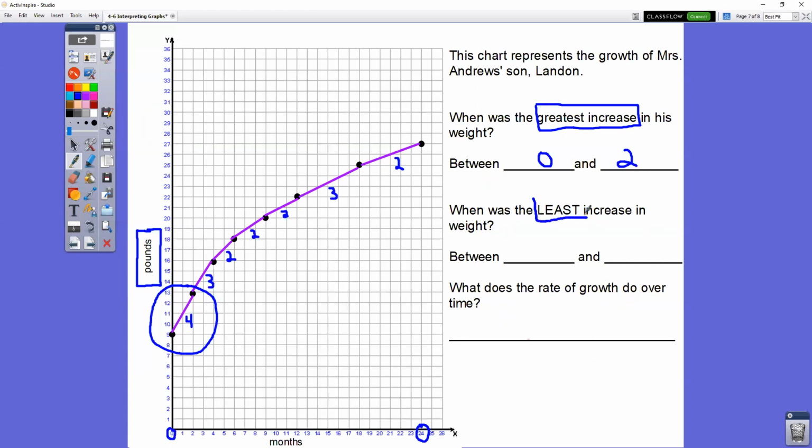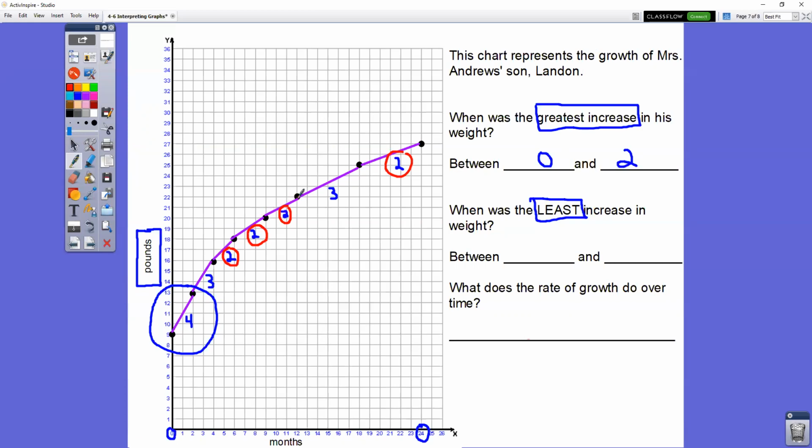When was the least increase in his weight? Now, you have to be careful on this one. Yes, there is a 2 here, a 2 here, a 2 here, and a 2 here, but they are not all the same. If they're asking you when was the least increase in his weight, notice that this is a 2-pound increase over 2 months. This is a 2-pound increase over 3 months.